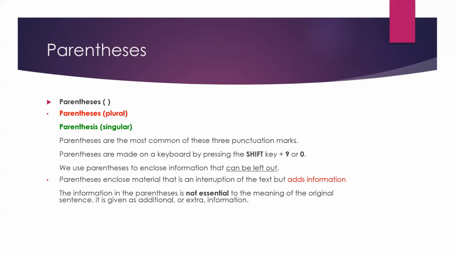So always ask yourself that question: can this information be left out and the sentence ending up being still fine, no issues with it? If the answer is yes, then you can safely assume that you can use parentheses for this type of information. Okay.